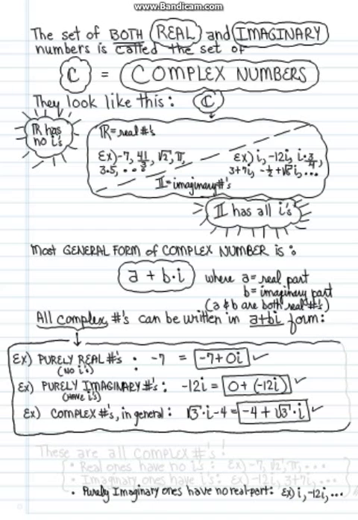Okay, now, so what we want to say at the end to summarize, that the following are all complex numbers. Real ones. Real numbers are all complex. Any number that has no i is a complex number. Example, -7, square root of 2, pi, all of those are real numbers. Some of them are weird real numbers, like the square root of 2 is a weird number, pi is a weird number. Those are called irrational numbers, and that's another story altogether.